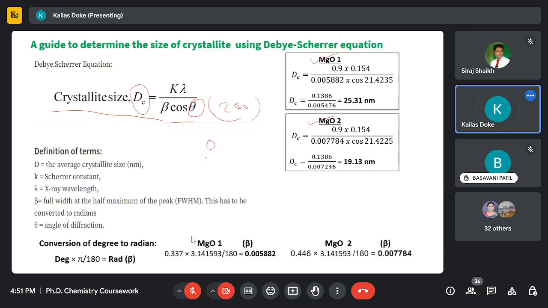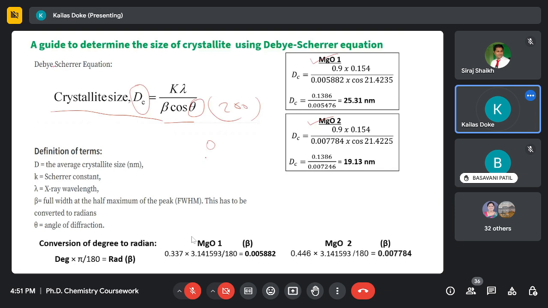So how are degrees converted into radians? We got the angle in degrees, and it has to be converted into radians. This is the mathematical formula which converts degrees to radians: the degree multiplied by pi divided by 180, where pi is 22 by 7, which is close to 3.14.